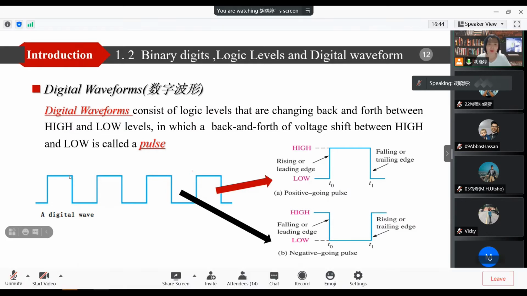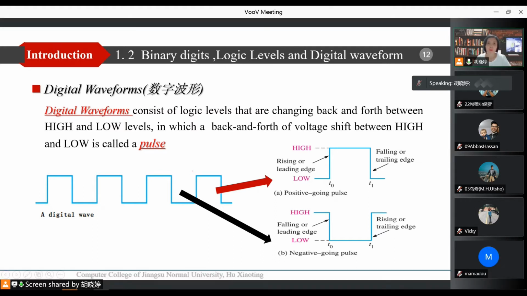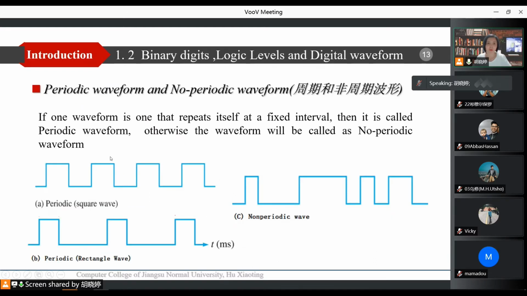This is high, which means high level. This is low, which means low level. So a waveform is made up of a series of high levels and low levels. Okay, that is the digital waveform.